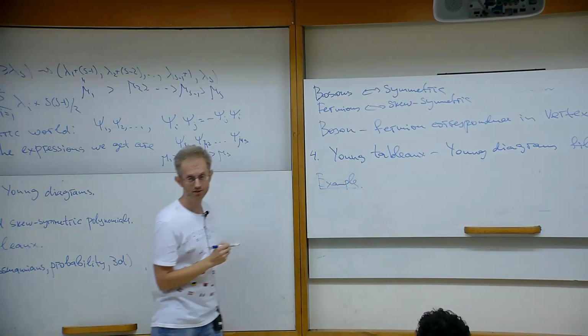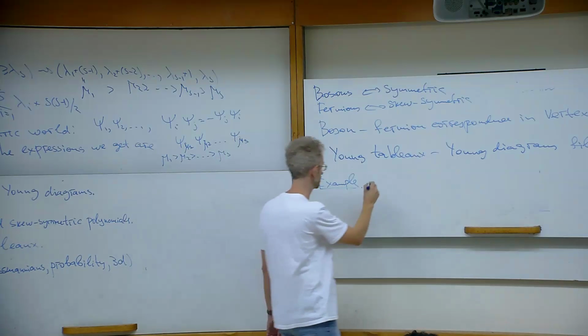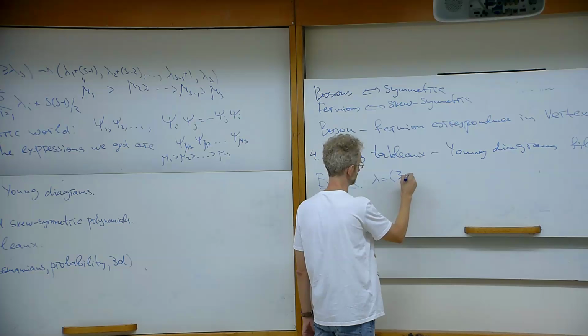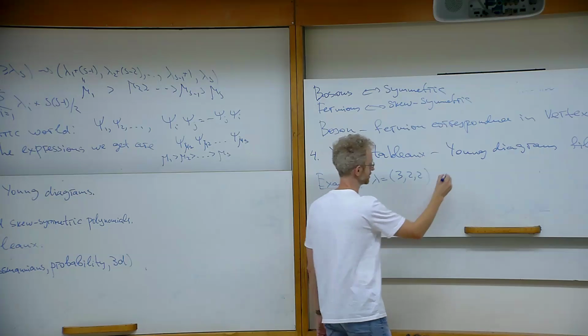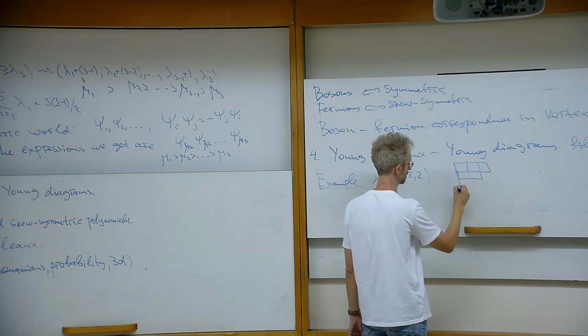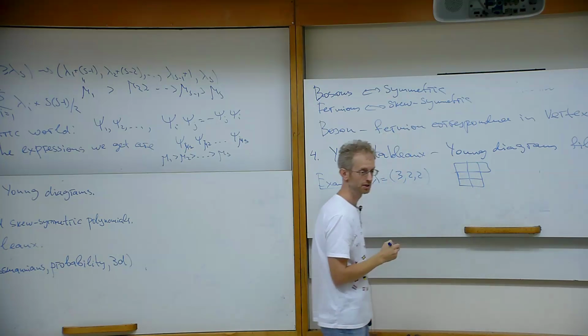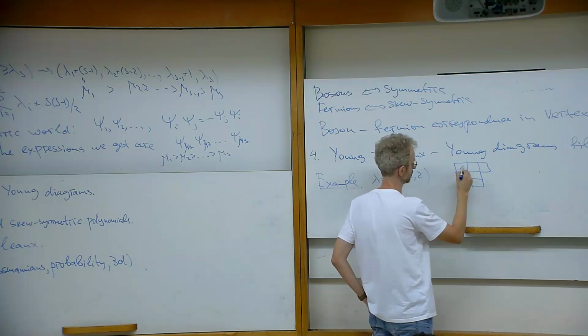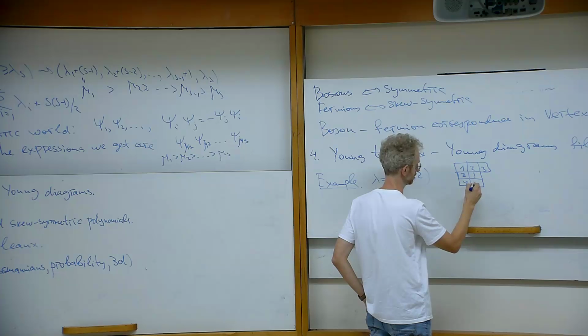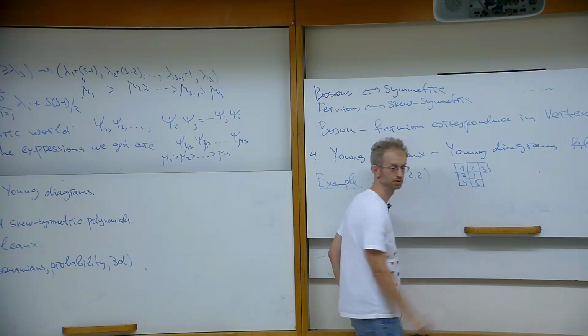Suppose you start with the Young diagram corresponding to lambda being 3, 2, 2. I'm using English notation, like this, and then you put 1, 2, 3, 3, 1, 4, 5, whatever you want.